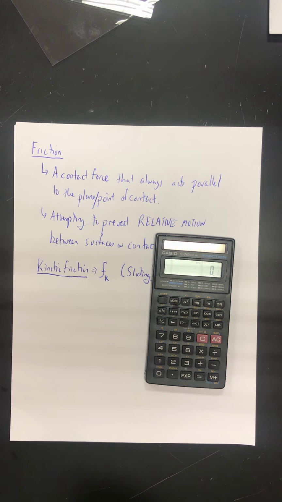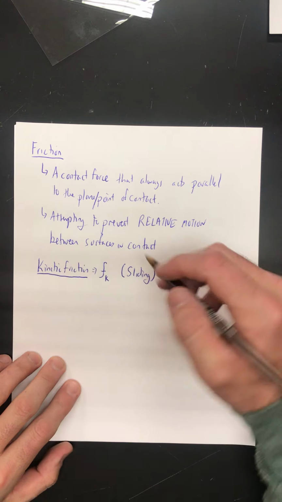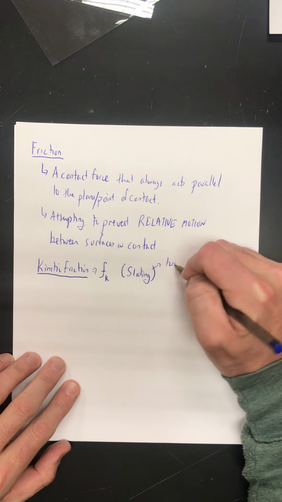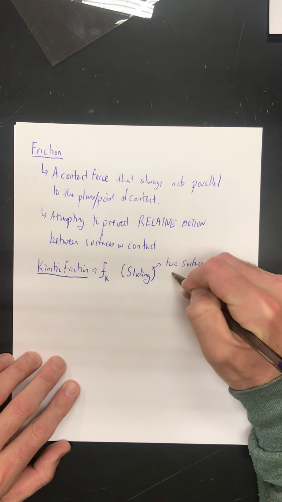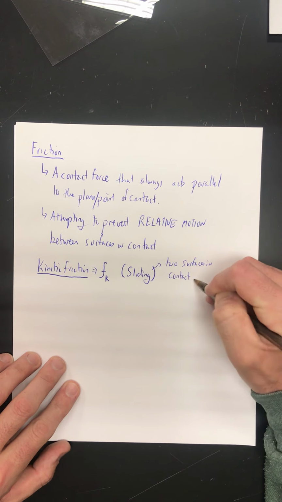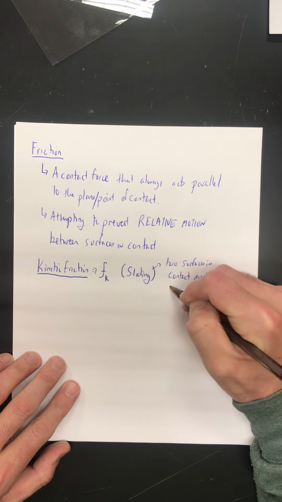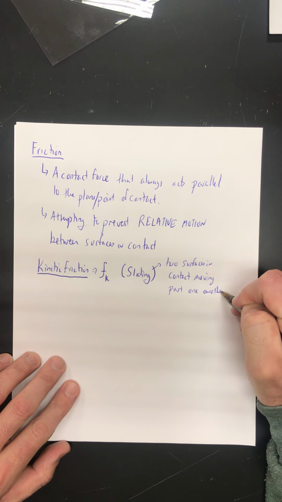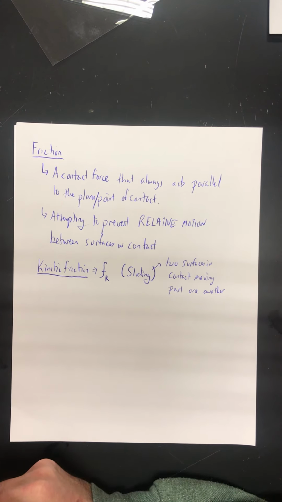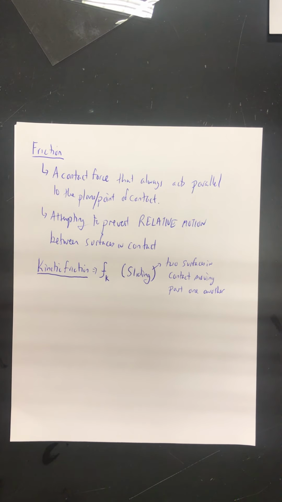So sliding has to do with two surfaces in contact moving past one another. That definition of sliding is really important. And anytime two surfaces in contact move past one another, we get kinetic friction.